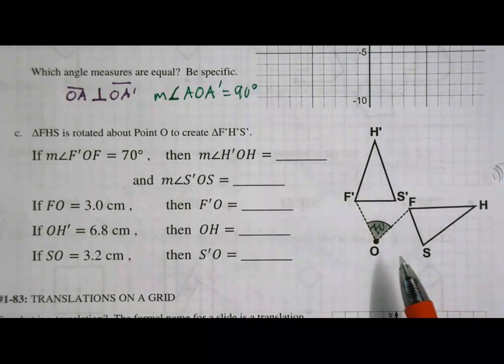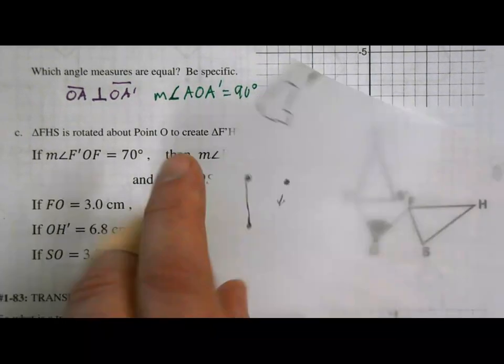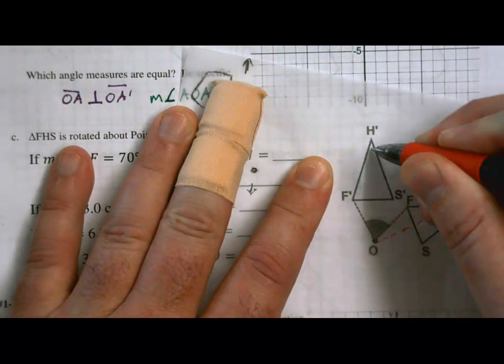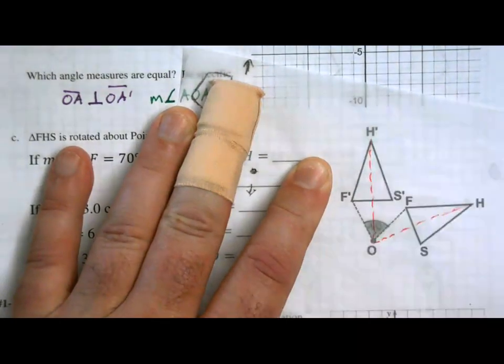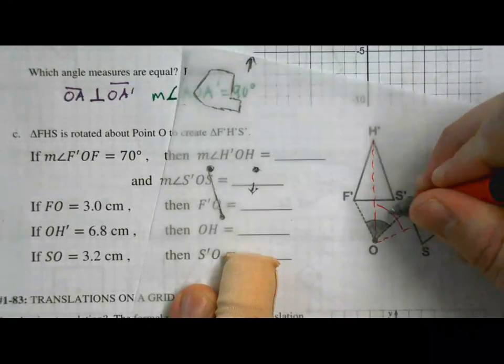So if I tell you that this is 70, that's what I'm telling you right here. It's asking us now, what's the angle from HO to H prime O? What do you suppose that angle, this red angle that I just drew here is?